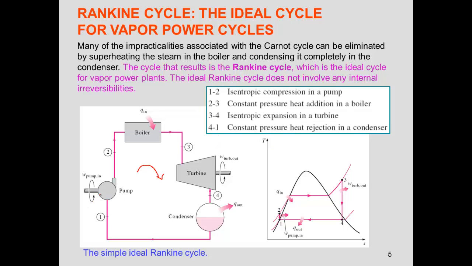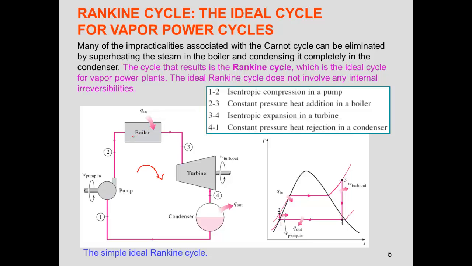The pump is isentropic. We don't have any pressure drop in the heat exchangers nor in the connecting pipes. And we have an isentropic turbine. Any of these assumptions that we violate, and then we will not have the ideal Rankine cycle, but the actual or real Rankine cycle.